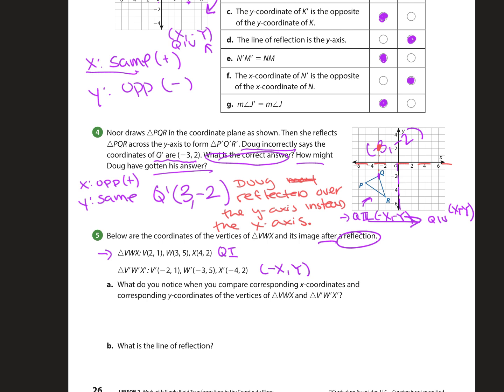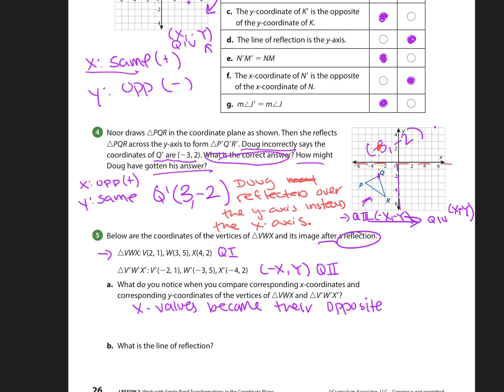That is negative X, positive Y, which is quadrant 2. What do you notice when you compare corresponding X coordinates? X values become their opposite.